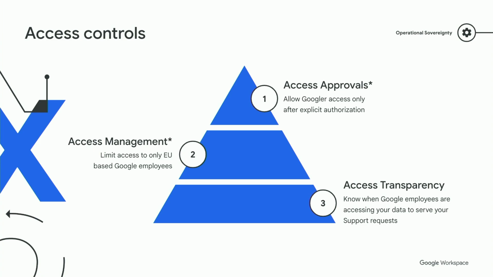Access controls enables customers to restrict or approve all Google support access through access approvals. Secondly, it allows customers to limit support to personnel in a specified region through access management. And lastly, we generate comprehensive log reports on all data accesses and actions through our access transparency feature.